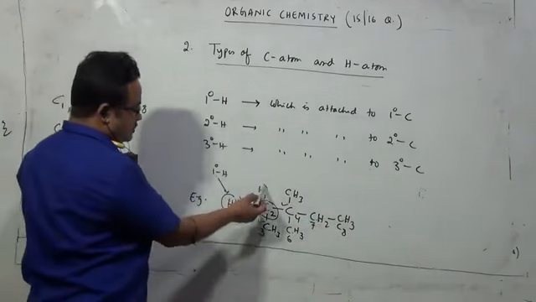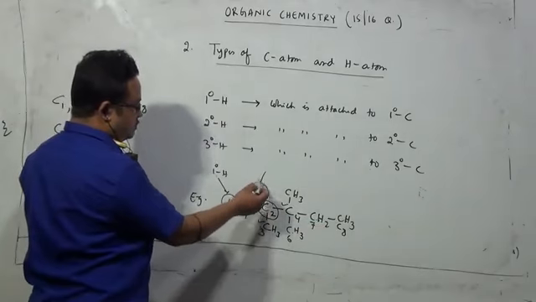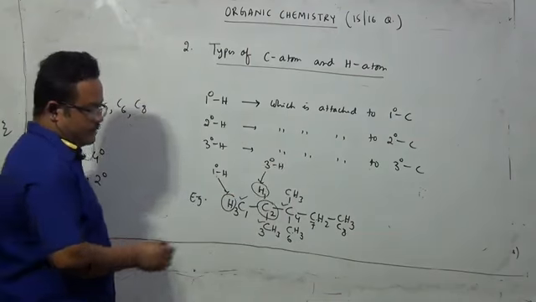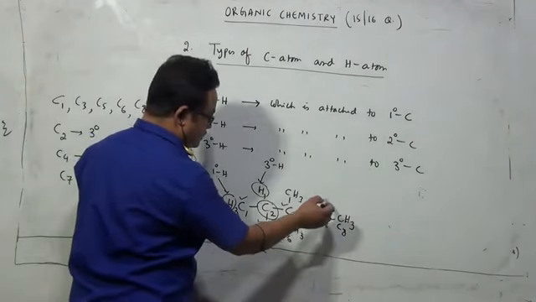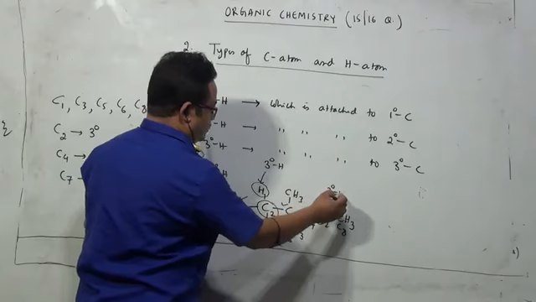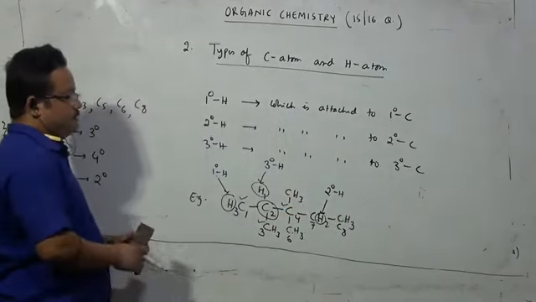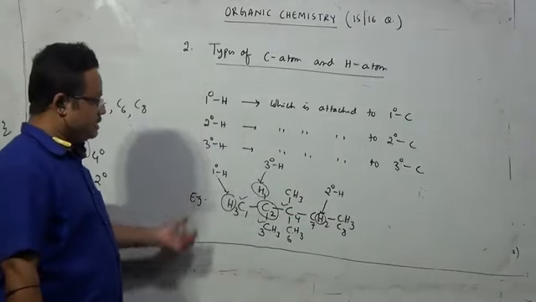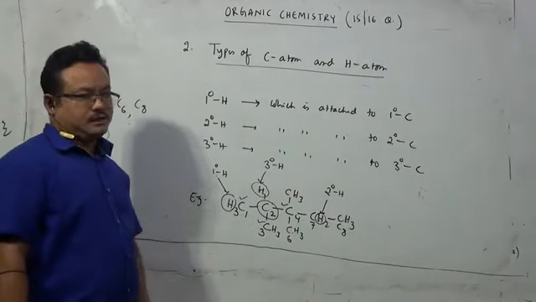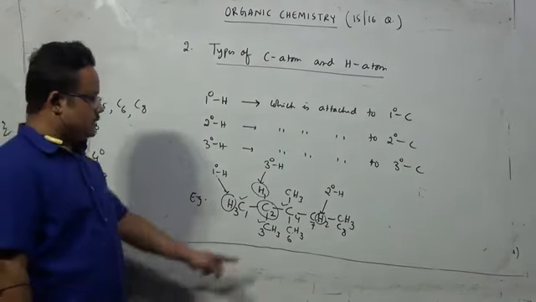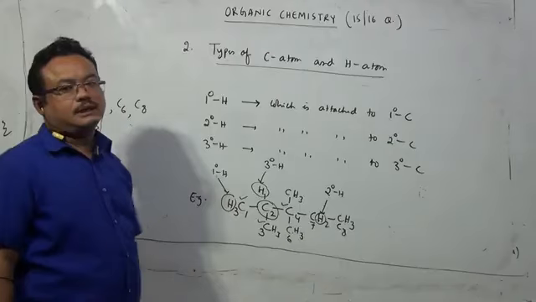Carbon number 2 is tertiary, so the hydrogen attached to it should be tertiary hydrogen. Carbon number 7 is attached to hydrogen, so this should be secondary hydrogen. Primary hydrogen is attached to primary carbon, secondary hydrogen to secondary carbon, and tertiary hydrogen to tertiary carbon.